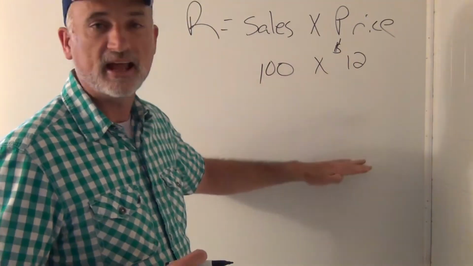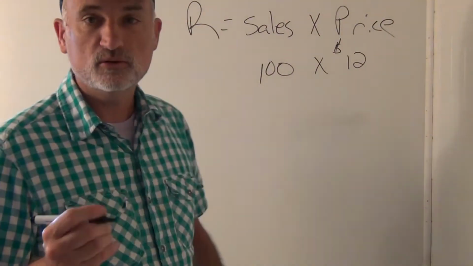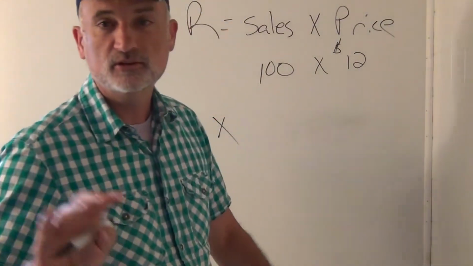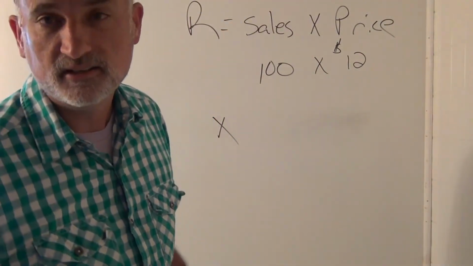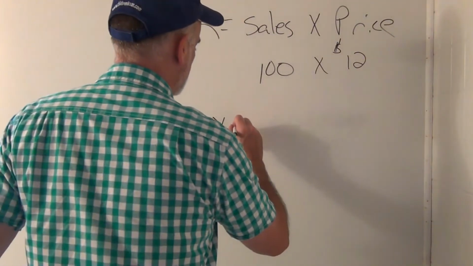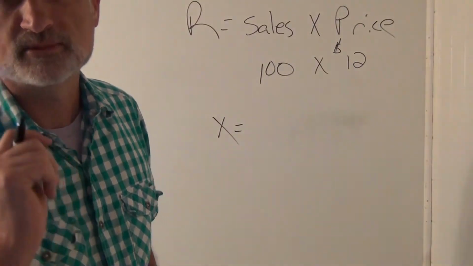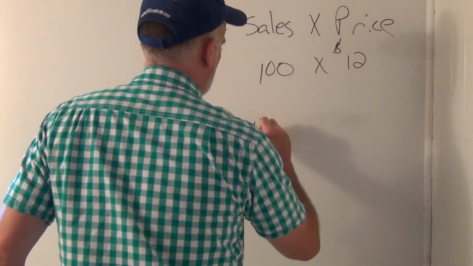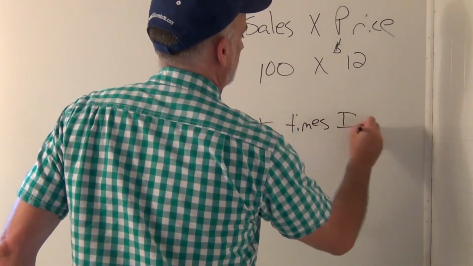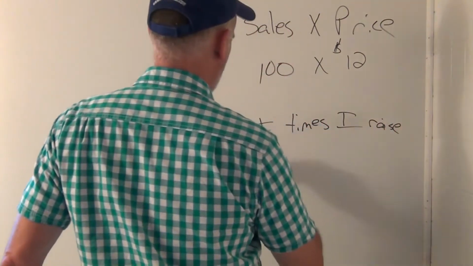And maybe we used a table a while ago. So let's use a variable, and let's call it X. Now you can use P, A, B, C, it doesn't matter. And let's say that X is the number of times I raise the price.